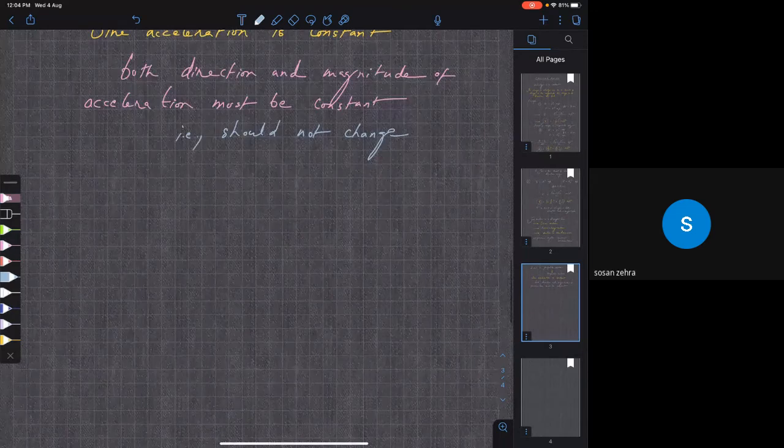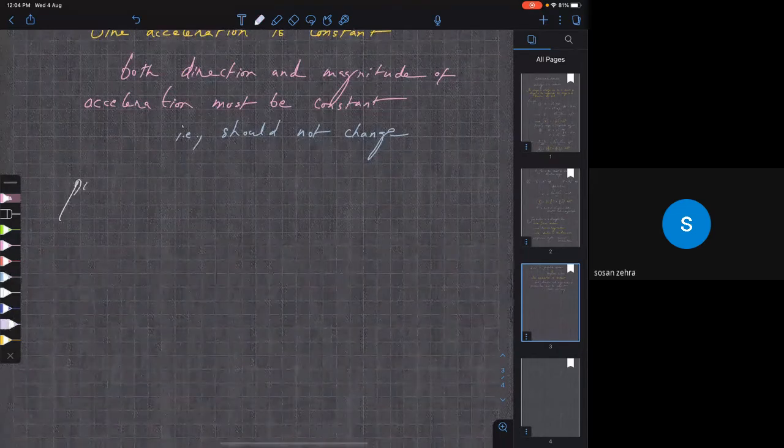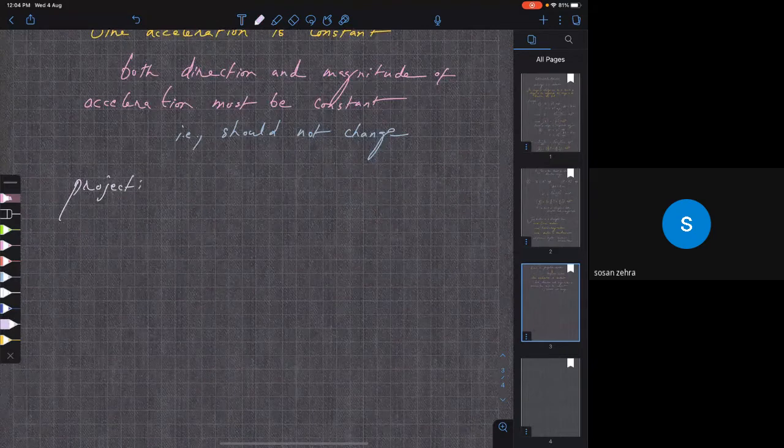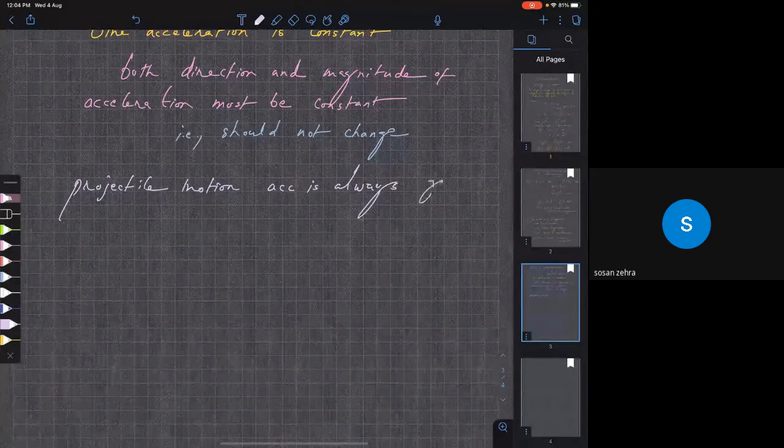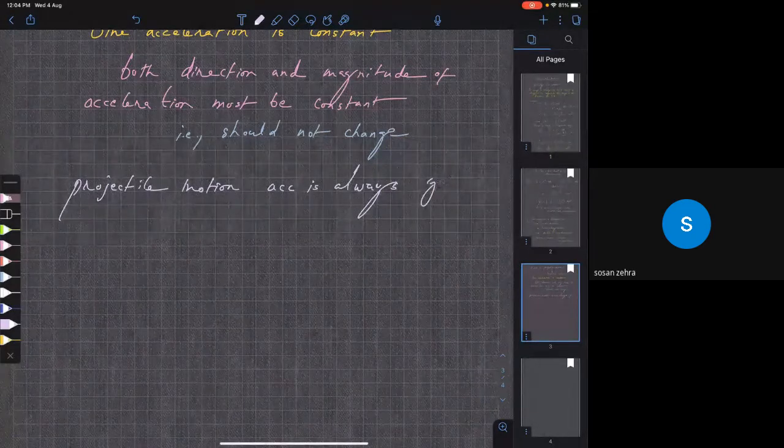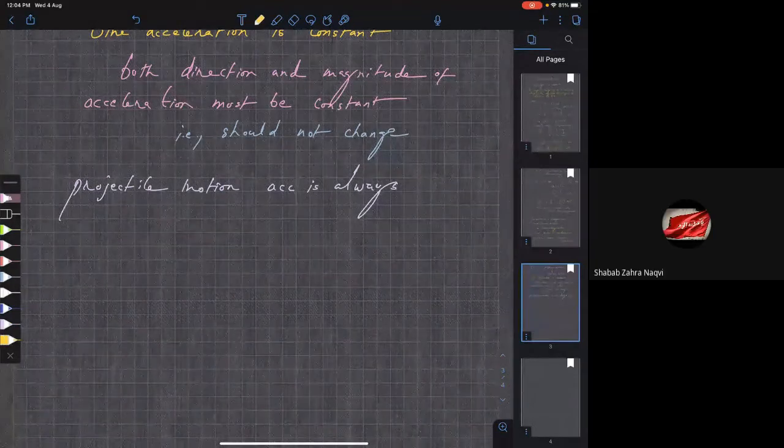And for projectile motion, acceleration is always g downwards, right? Do you agree?